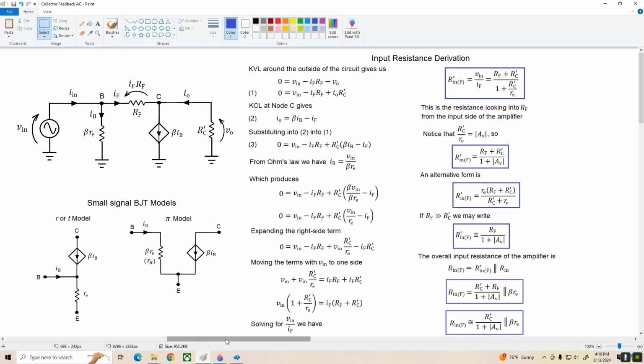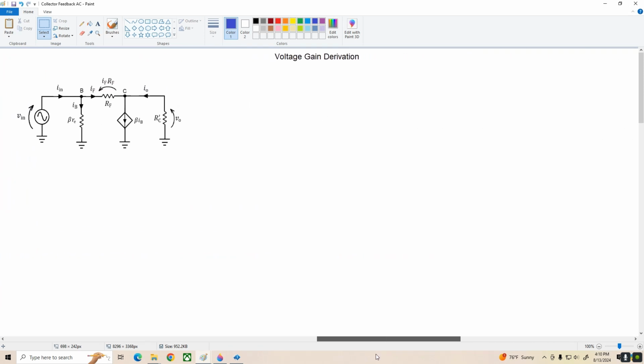Okay, now the next thing I want to do is derive the voltage gain for the circuit. So let's go on over to the next page where we've got a clean slate. And I'm going to do a little preliminary work here based on KCL to start with. Remember, at node C, beta times IB is equal to I sub F plus I sub O. And if I solve this for I sub F, we get I sub F equals beta times IB minus I sub O. Now, remember, the base current is equal to Vn over beta times Re, so we'll make that substitution here.